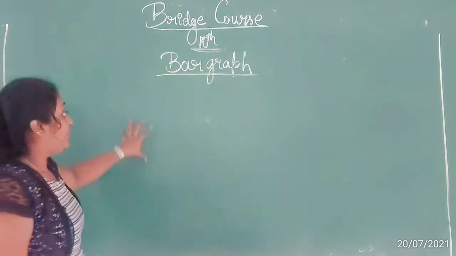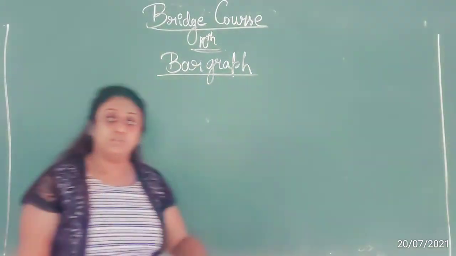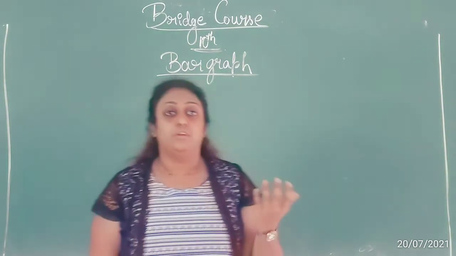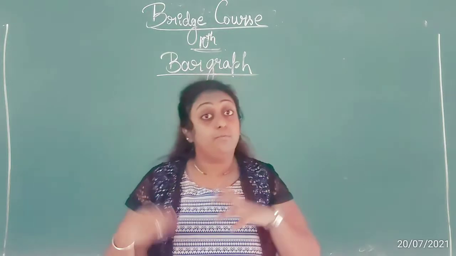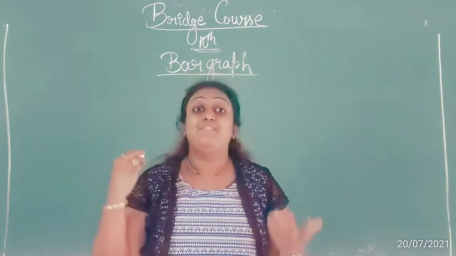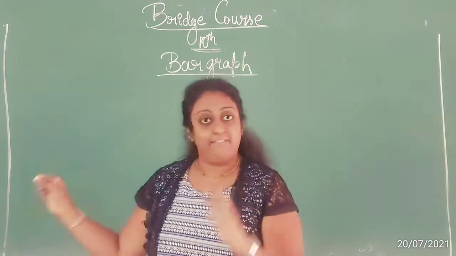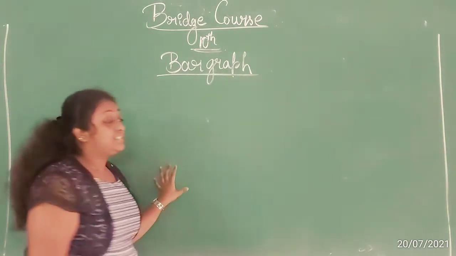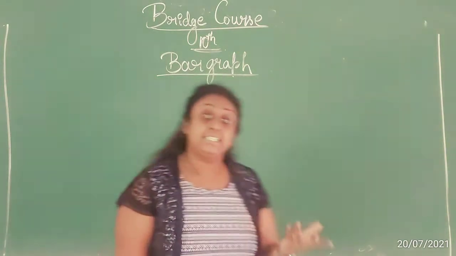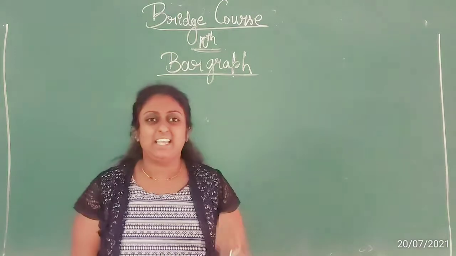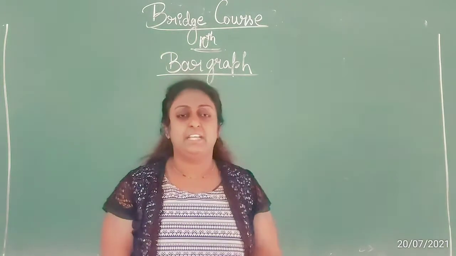Now, before drawing a bar graph, we should know the values, right? For which one we are going to draw the bar graph. Which value will be plotted where? Everything I will show you. First, we will take the census. Census is a basic thing which we usually represent in a graph.